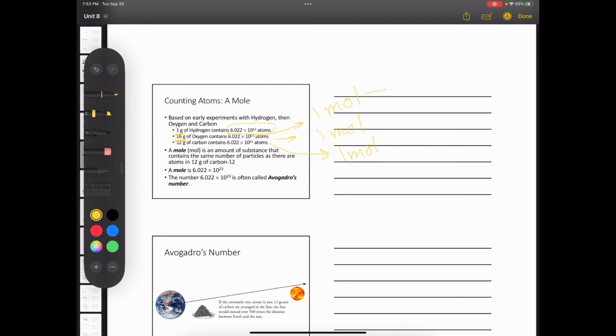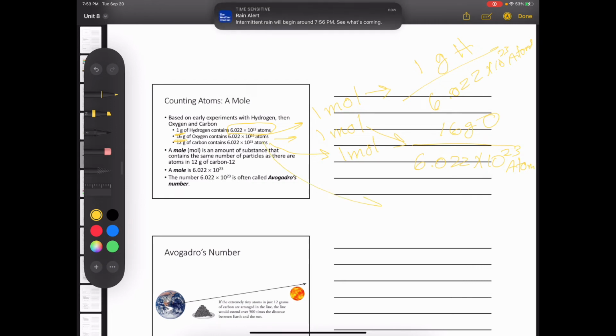So what I'm essentially saying here is that for every 1 gram of hydrogen, there are 6.022 times 10 to the power 23 atoms. And for every 16 grams of oxygen, there are 6.022 times 10 to the power 23 atoms.